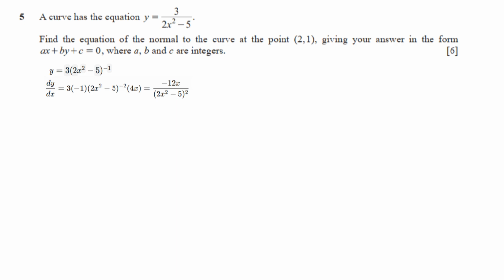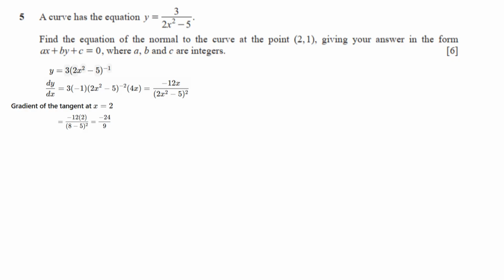The gradient of the tangent at 2, 1, that is when x is equal to 2, is minus 12 times 2 divided by 2 times 2 square, which is 8, 8 minus 5 the whole square, equal to minus 24 divided by 9.